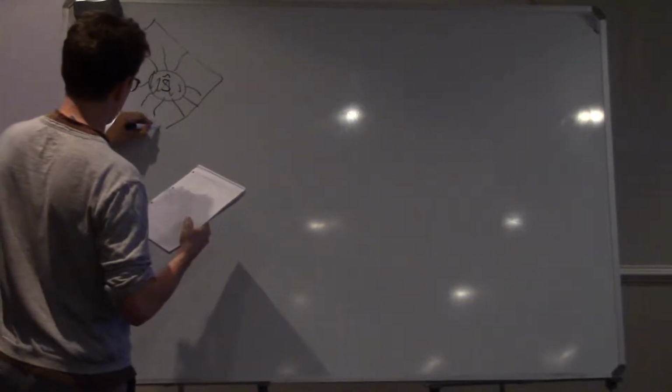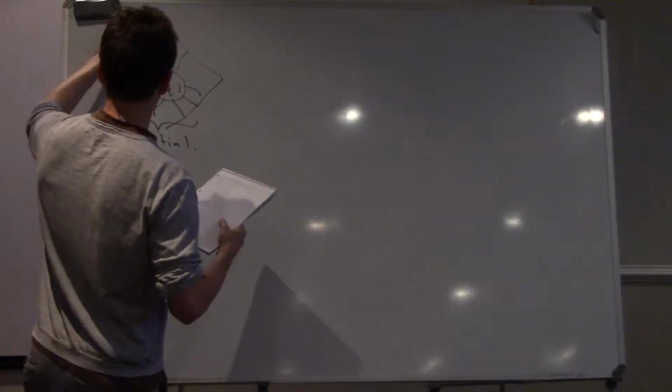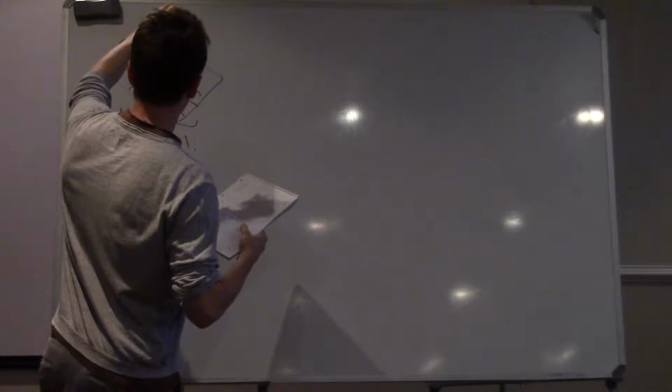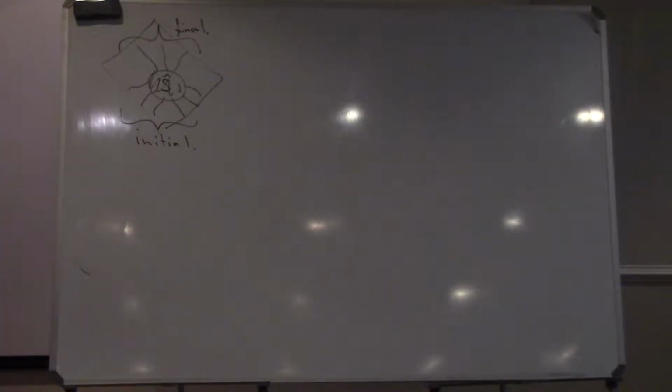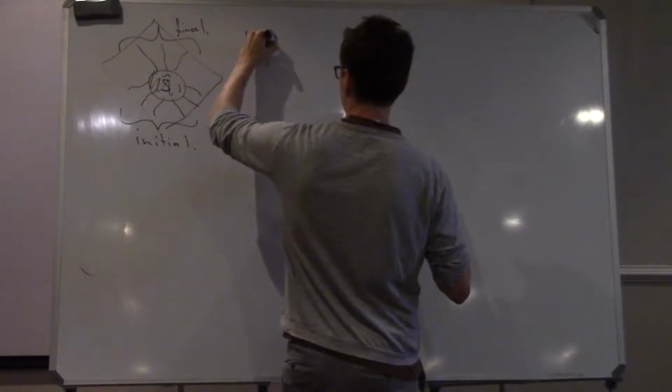So you have a set of initial states and a set of final states. You prepare particles which are widely separated incoming particles. They are characterized by their Fock momenta.